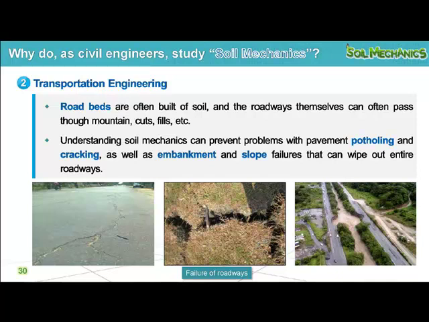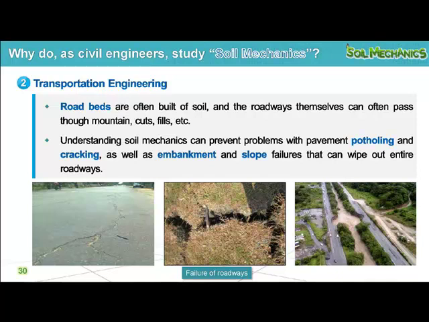Expansive soil refers to soil that can swell when it gets wet. When it's wet, it can swell. The volume of the soil can increase 10 or 30 times from its original volume. That is called expansive soil, which can swell when it's wet.